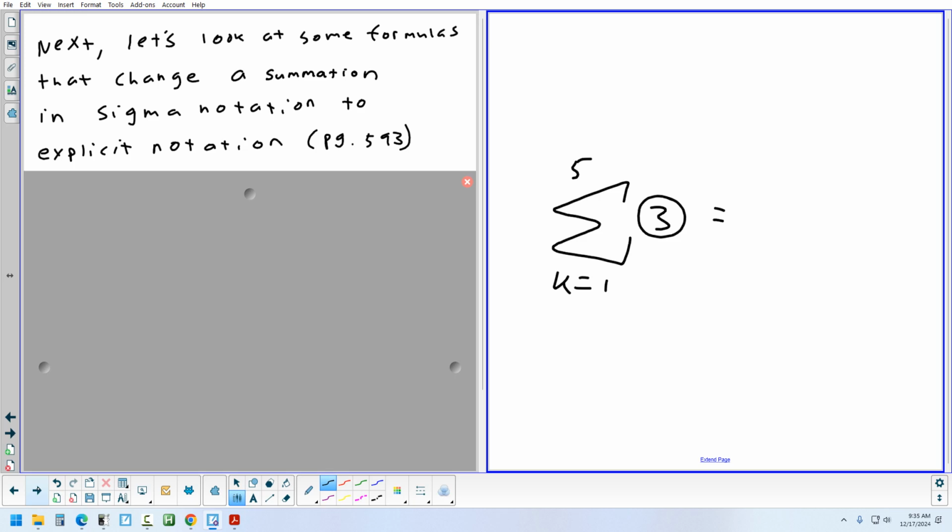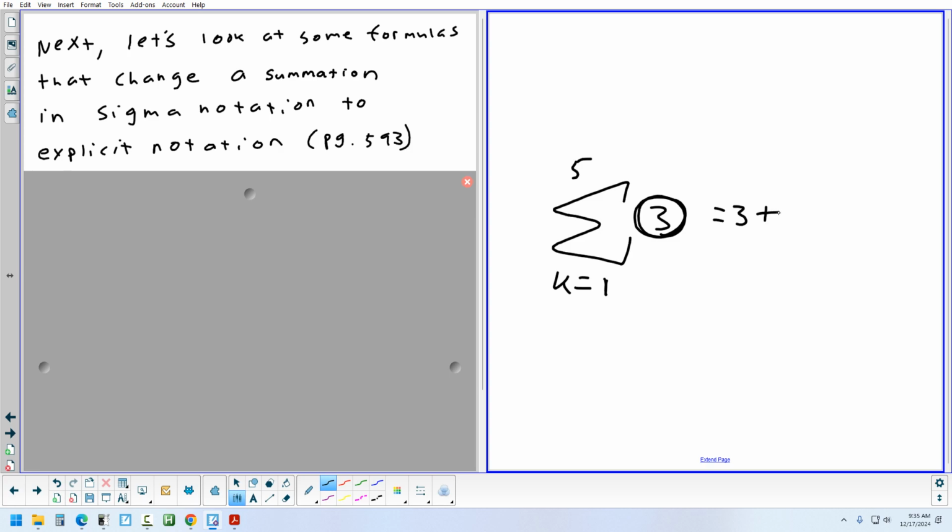No. Is it 3? Well, k is a variable. Is 3 a variable? No. So it's not the 3. So where's the k? It's not there. There is no k. So when you plug in 1 for k in that formula, what do you get?